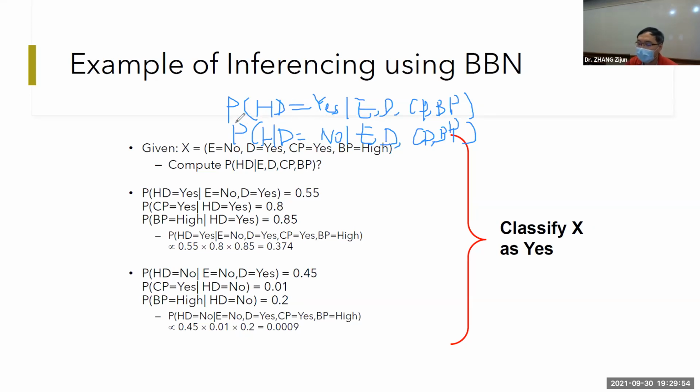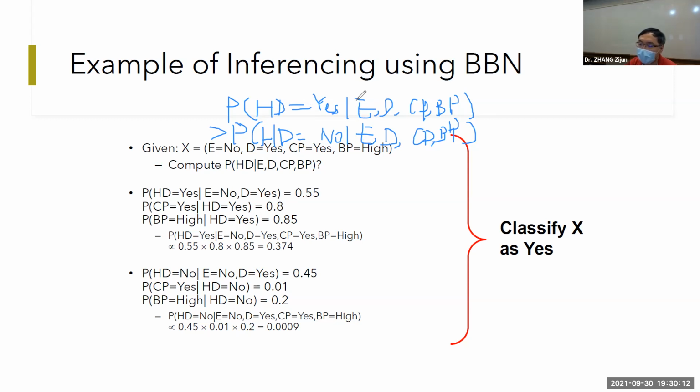And how can we do the classification? We need to compare the values of these two probabilities. If the first probability is higher than this one, then we will say that it is highly likely that the person has heart disease.